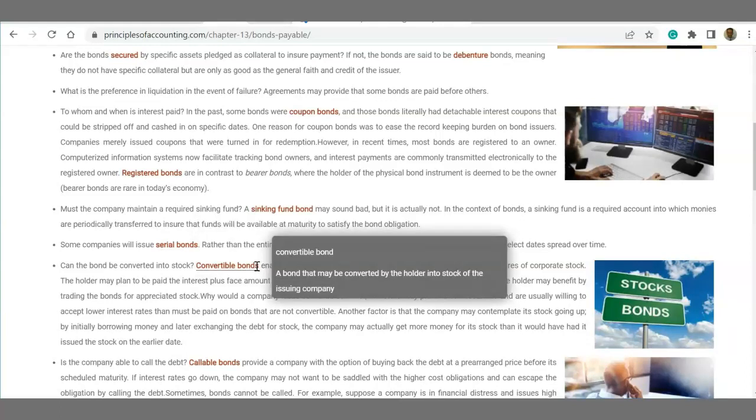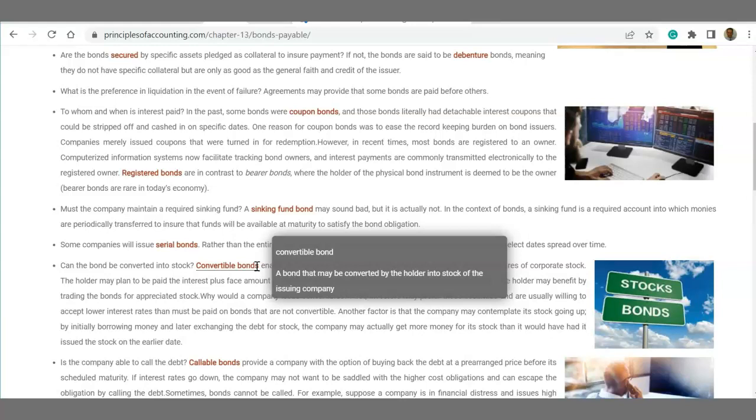Convertible bonds are bonds that may be converted into stock of the issuing company. That means, let's say a corporation issues a bond, and after a specific time or period, whatever is in the agreement, the investors can convert the bond certificate into common stock.